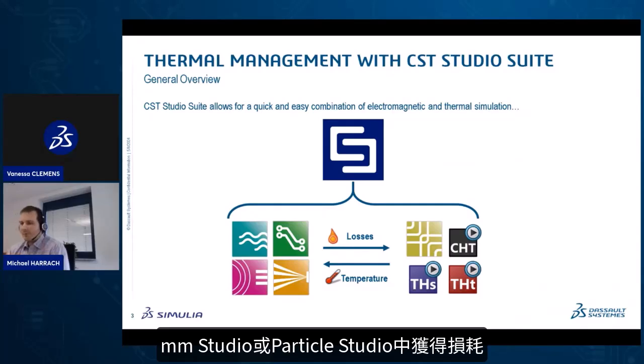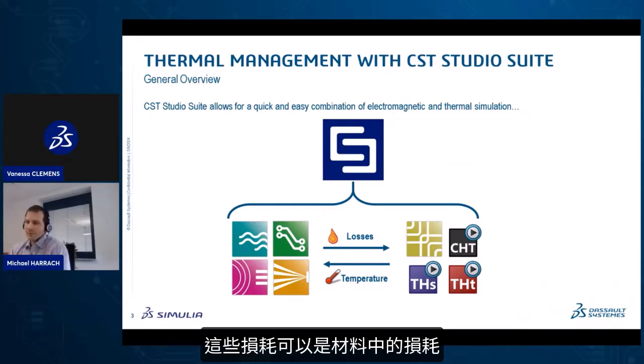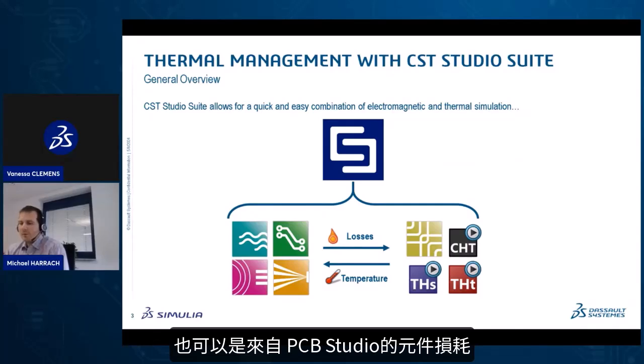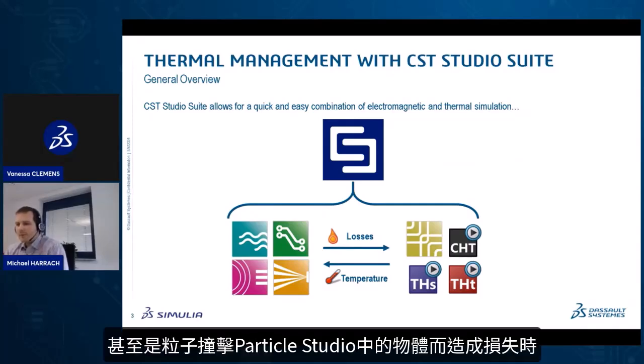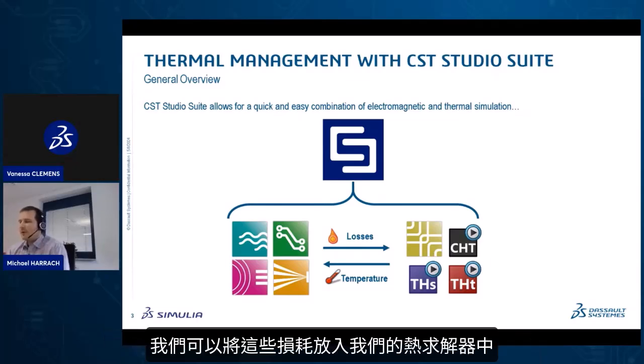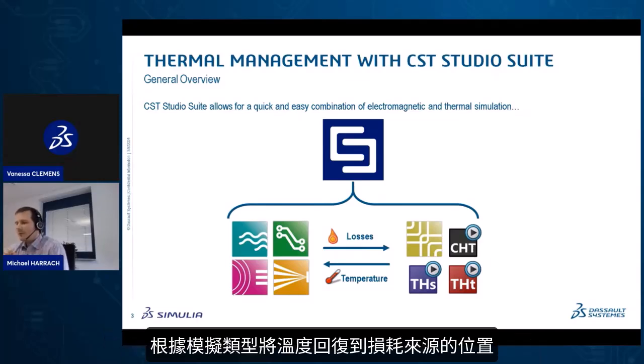Export losses, be they in the materials, be they on components when coming from PCB Studio, or even losses from particles crashing into something from Particle Studio. We can take these losses, put them into our thermal solvers, and depending on the simulation type, give back the temperature also again to where the losses originate from.